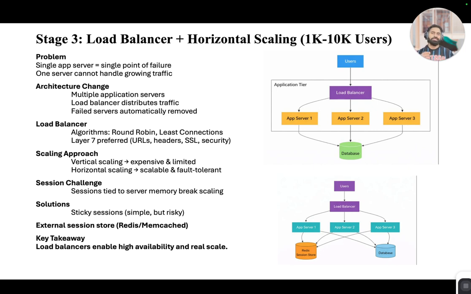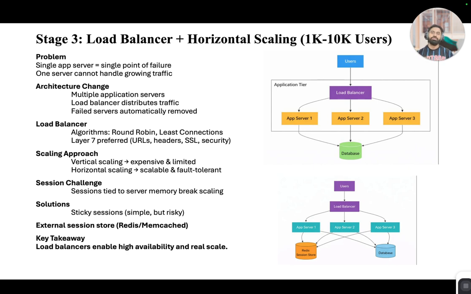Round robin sends requests one by one to each server, and least connection sends the request to the server with the least active users. So whichever server has the least active users, the request will go to that server. This is how the least connection algorithm works.